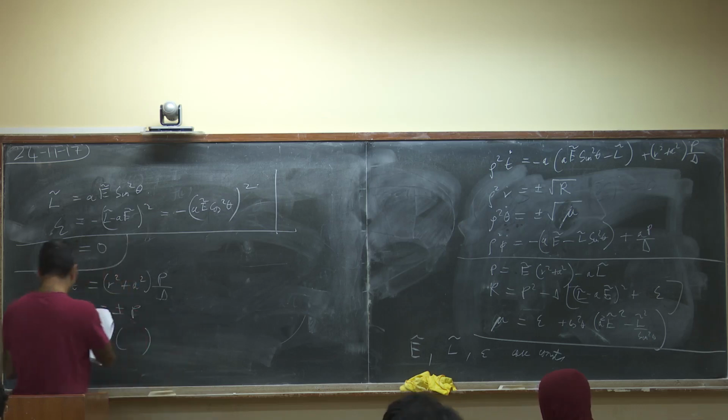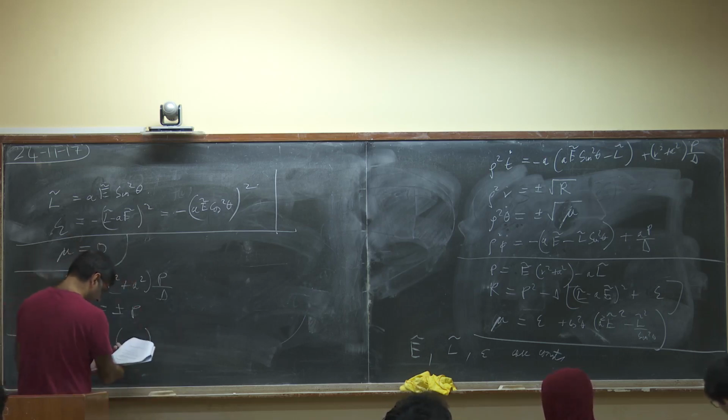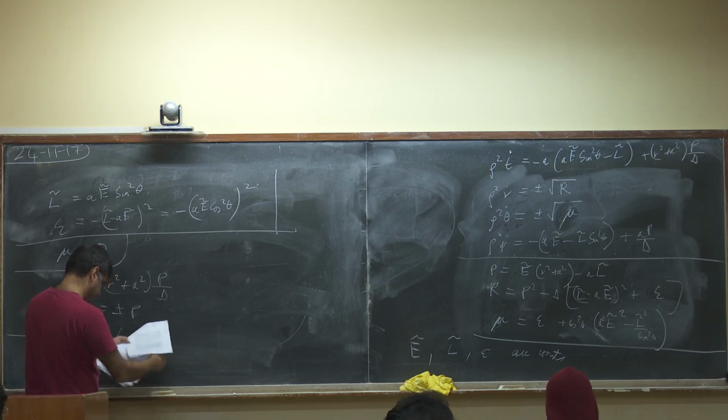He gets T dot is equal to E by. Okay, now we have to evaluate what this rho squared was. Okay, let's do one of these. Where was, what was rho squared?